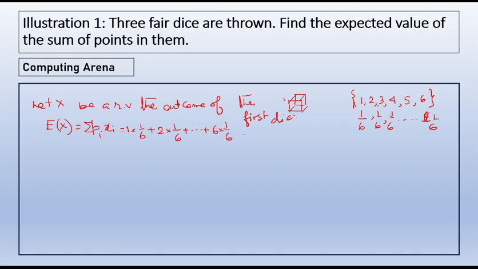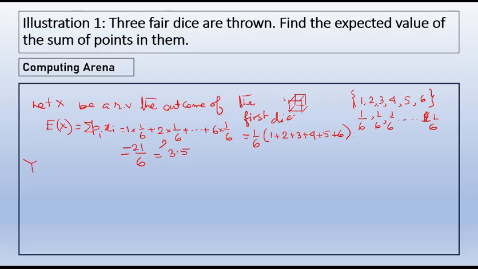If we take 1 by 6 common, then we have the sum of the first 6 natural numbers, 1 plus 2 plus 3 plus 4 plus 5 plus 6. 1, 2, 3, 4 sums up to 10, 15, and then it comes up to 21. So we have 21 multiplied by 1 by 6, that is 21 by 6, and that gives a value of how much? 3.5. So this is the expected value of the first die.